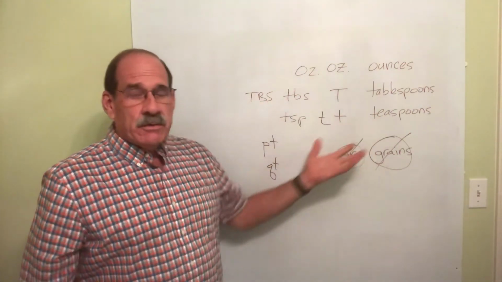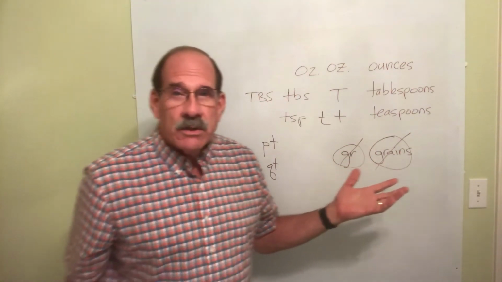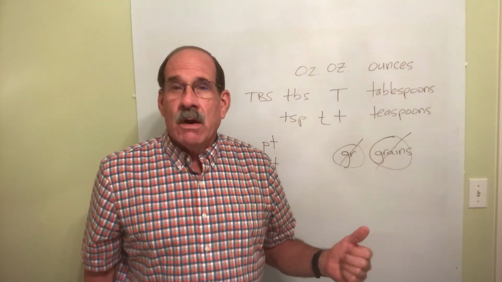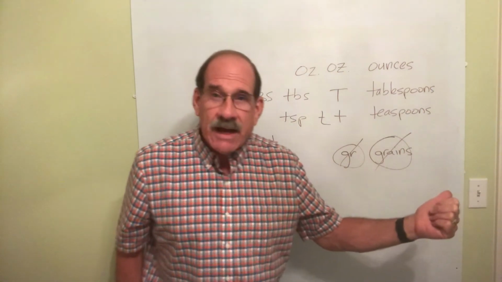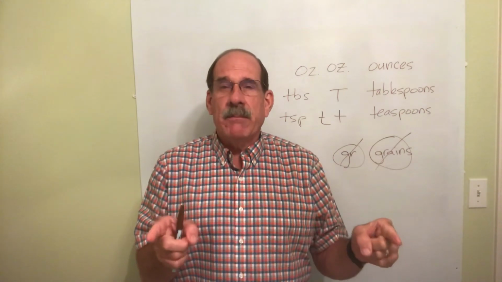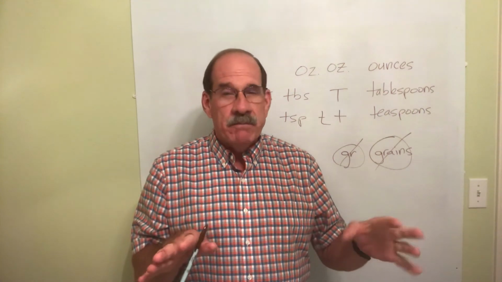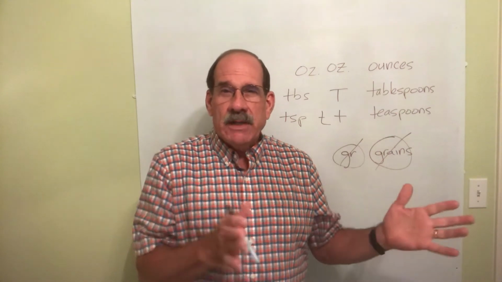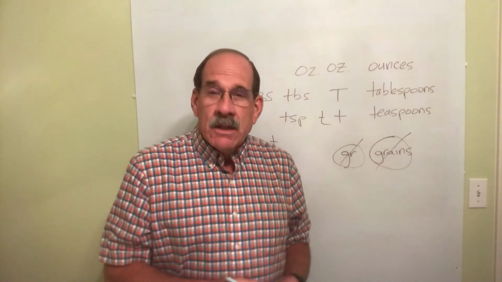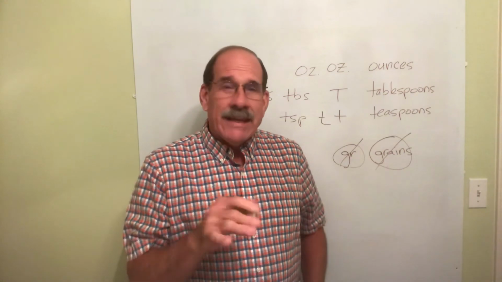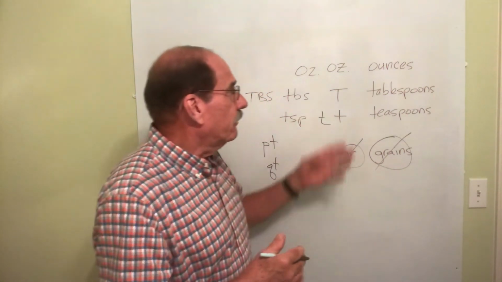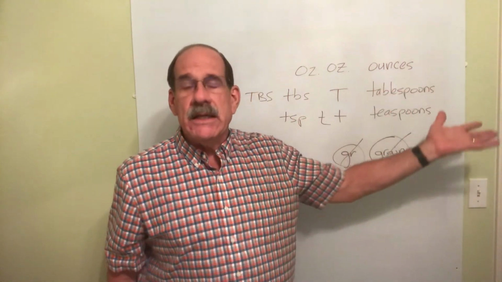Well, after this brief introduction, the next thing we'll do is talk about how to convert things that are not metric. We already discussed that anytime you're converting metric to metric measurements, here's a good review, you merely move decimal points, left or right. You jump left, you jump right. Either way, to convert that. Anytime you're converting anything that's not metric, let's say you want to convert ounces into milliliters.